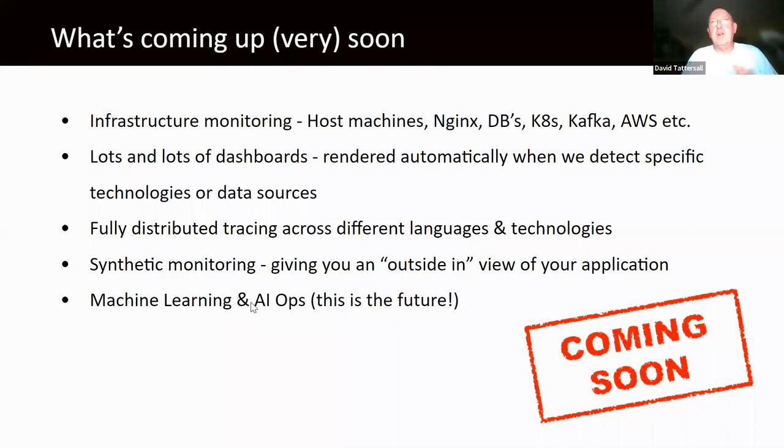I didn't go and show them all, obviously, but the concept is that we're going to render these automatically. We're going to detect what you've got in your architecture, and then we're going to provide the dashboards to you automatically, so that it will automatically render your information.